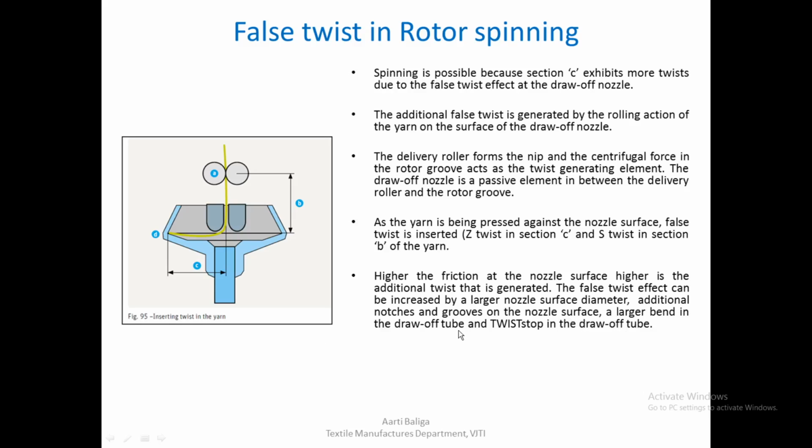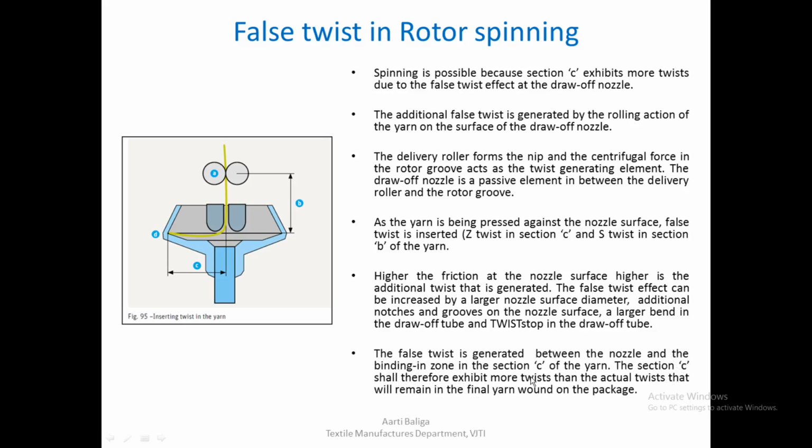A larger bend in the draw off tube and a twist stop in the draw off tube also will help, or rather change, the amount of false twist effect. All these parameters will be effective in increasing or decreasing the additional twist due to false twist. The false twist is generated between the nozzle and the binding in zone in section C of the yarn.